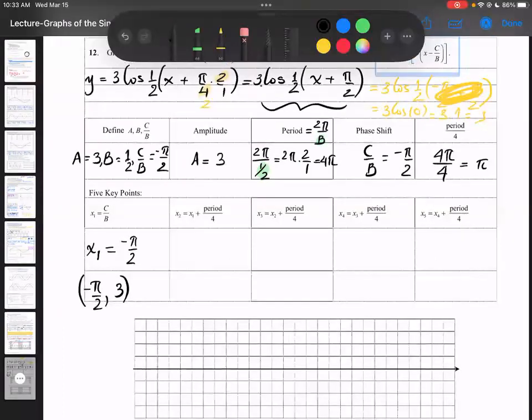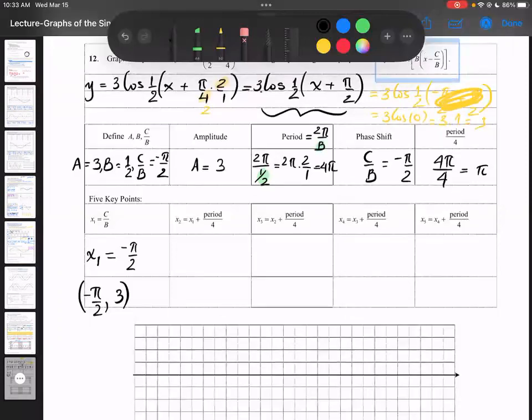x2, so that is the maximum. Remember the pattern. It goes from max down to the x-intercept, down to the minimum, back up to the x-intercept, and then max. You see the pattern.